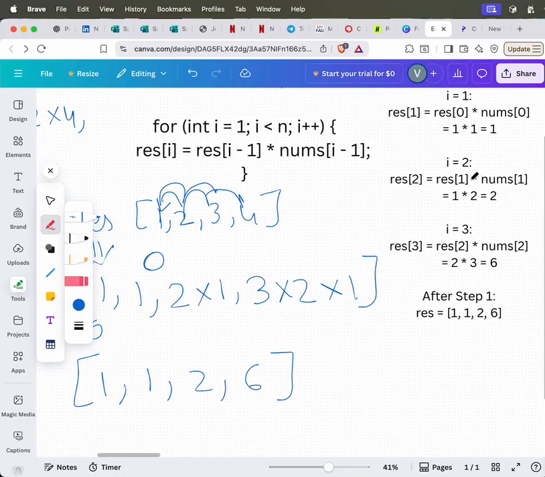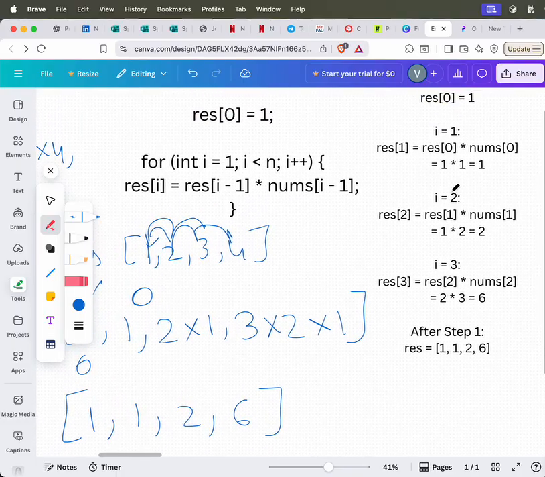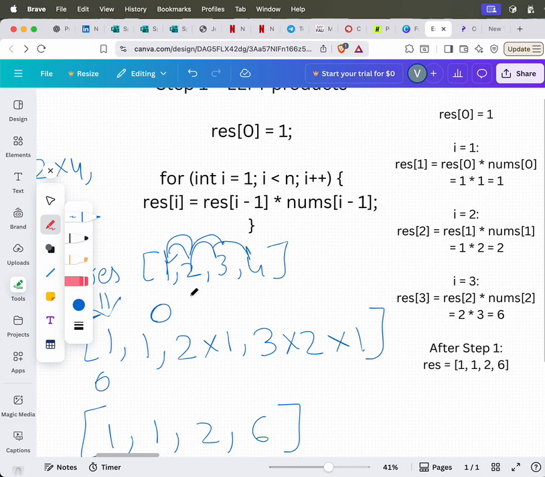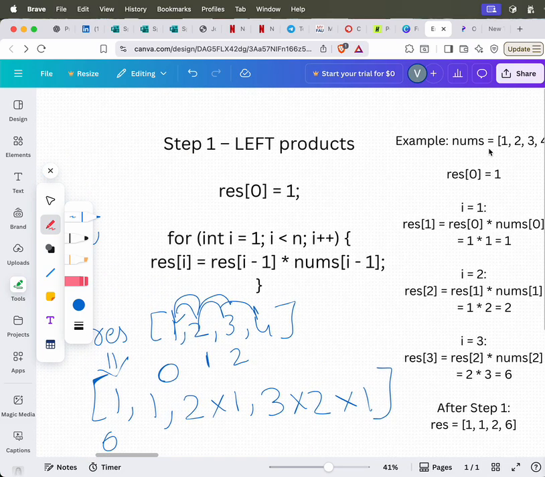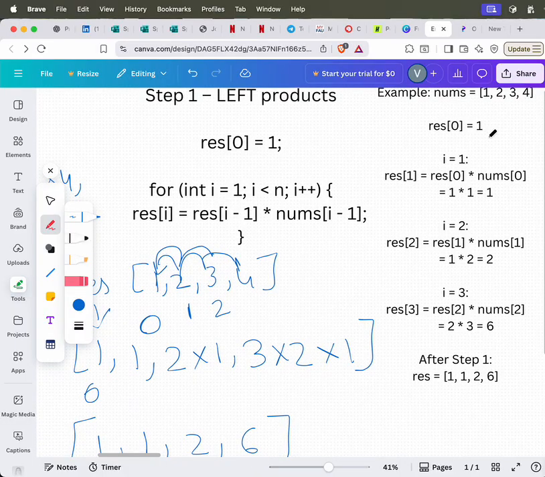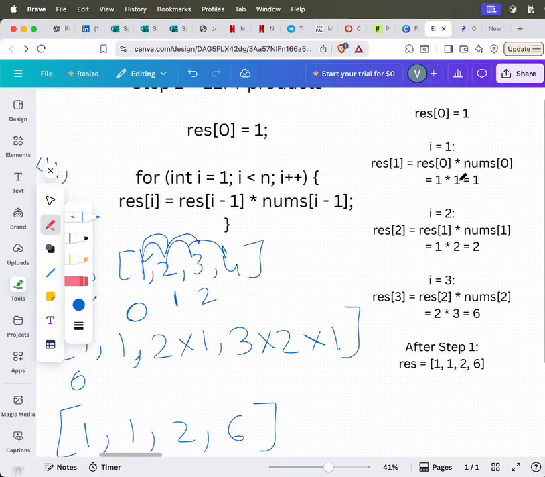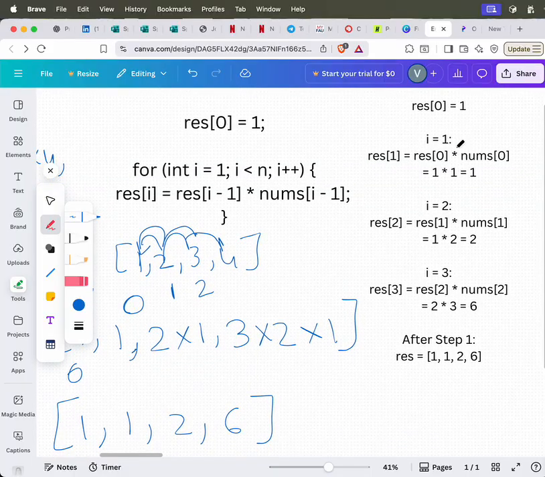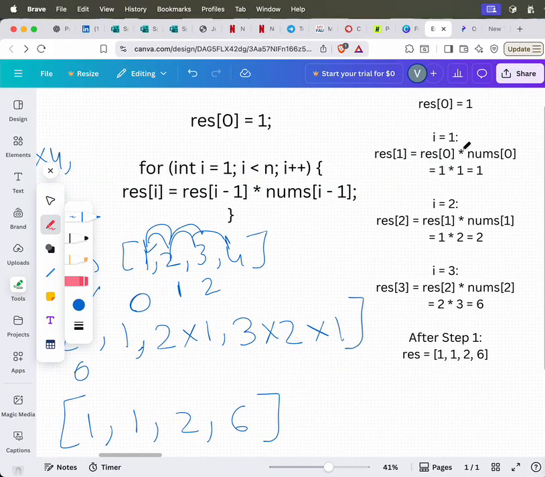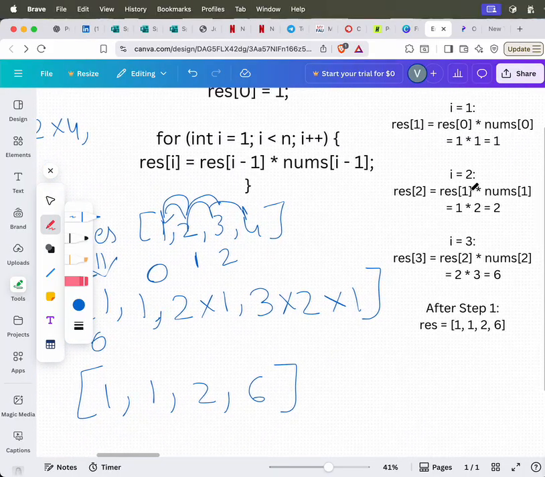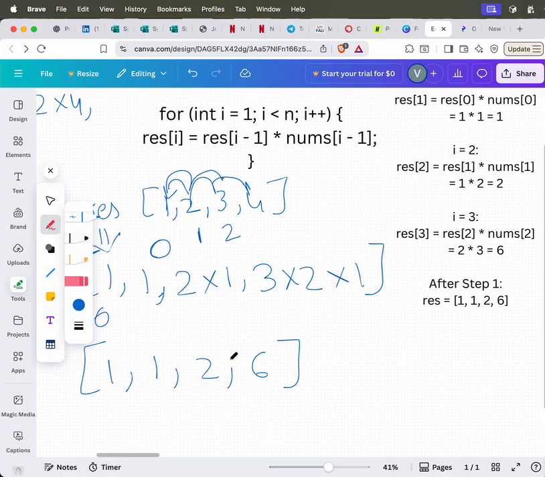And i equals 2. So what happened when you had 2? This is index 0, this is index 1, and this is index 2. When you had index 0, you got 1. When you take the first index, you got 1. When you take the second index, you got 2.